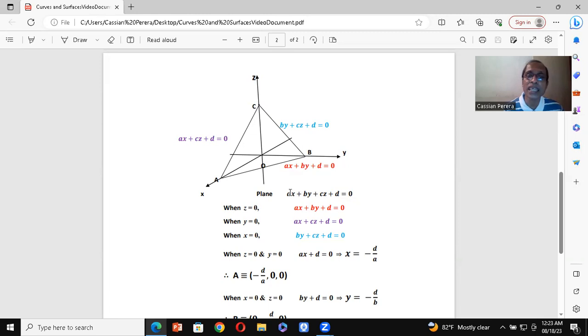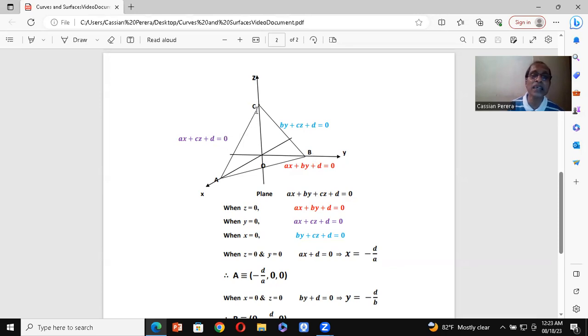Now we can see here ax plus by plus cz plus d is equal to 0. If you have a z part, then it will cut the z axis at a given point. But if you don't have a z component, ax plus by plus d is equal to 0, then it will not cut the z axis. The same theory we can apply here also. By plus cz plus d is equal to 0: as there is no x component here, the plane is parallel to the x axis.